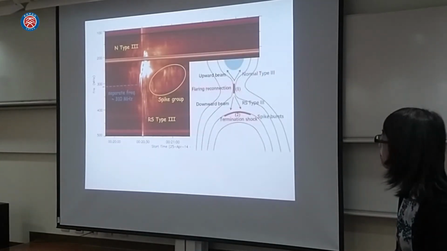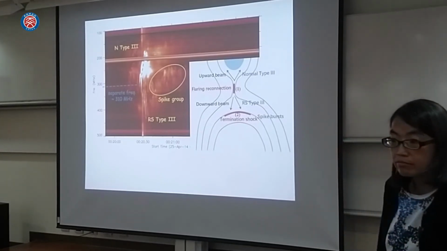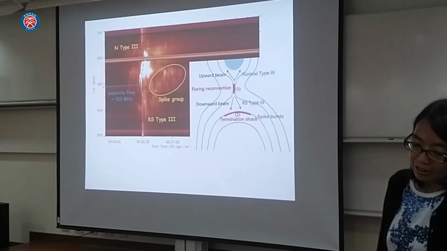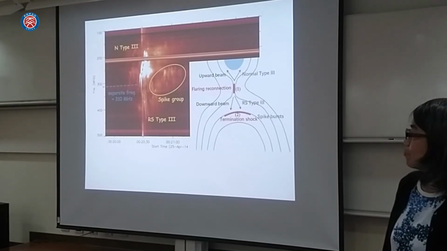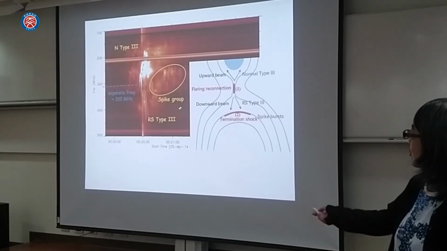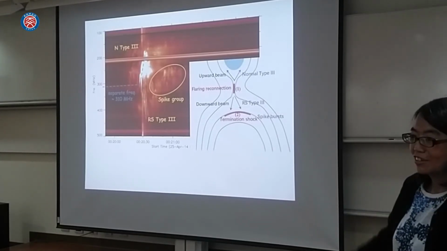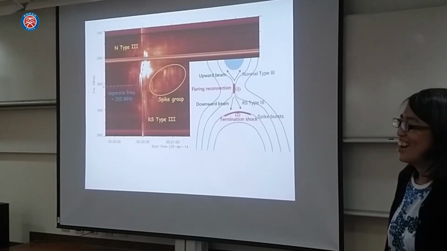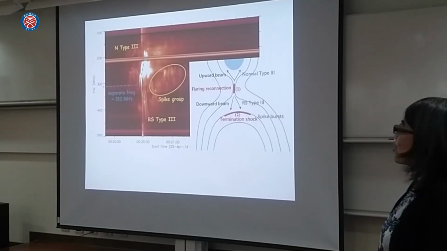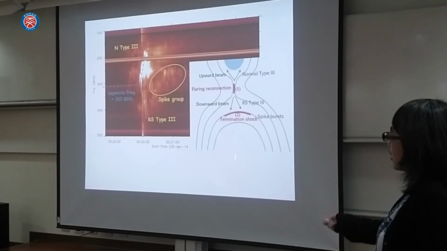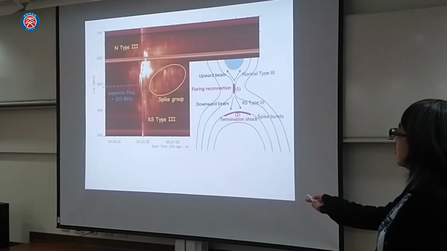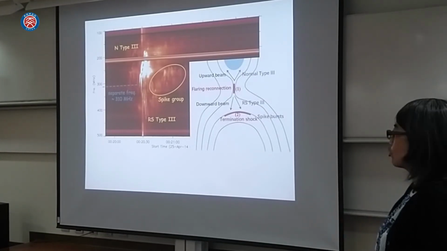So you said spatially you are not really resolving such a structure, right? Because the beam is big. Could you really tell there's such a motion just by looking at this spectrum? Actually, yes, we can say it's upward or downward just by seeing the drifting rate.